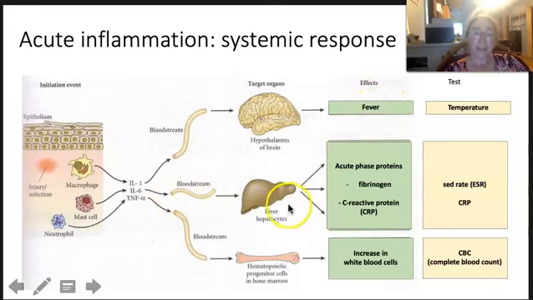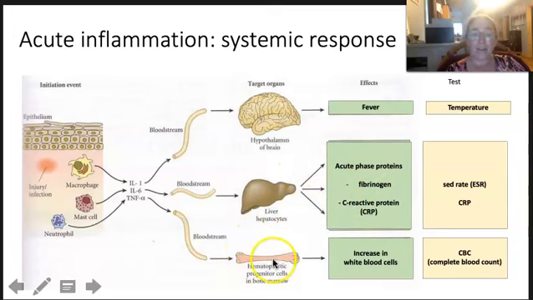It can trigger the liver to start producing several proteins that are signs of inflammation, like fibrinogen, which is important for blood clotting, and C-reactive protein, amongst others.